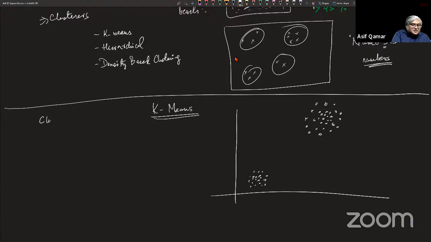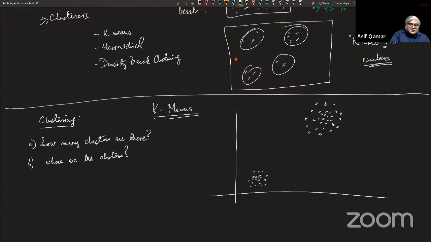Clustering has two parts. A, how many clusters are there? B, where are the clusters? So discover the clusters. First is decide how many clusters there are. Find out how many clusters there are.